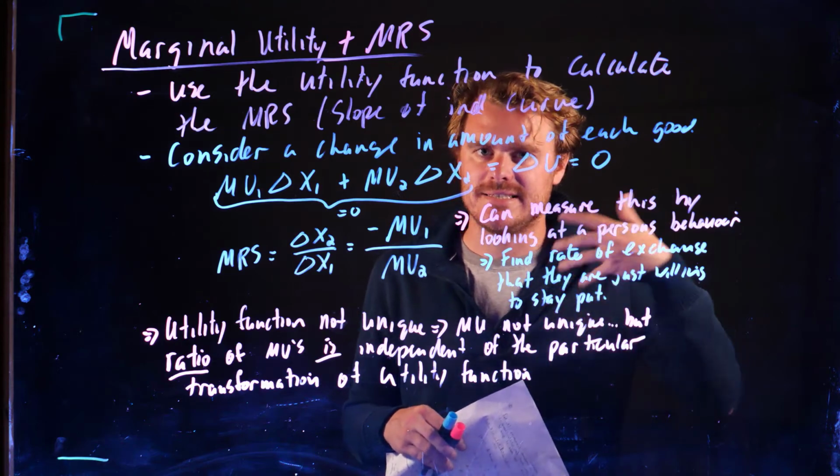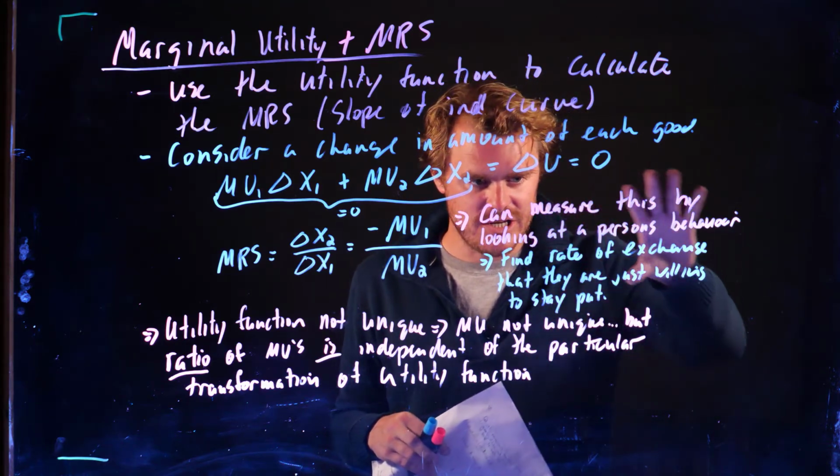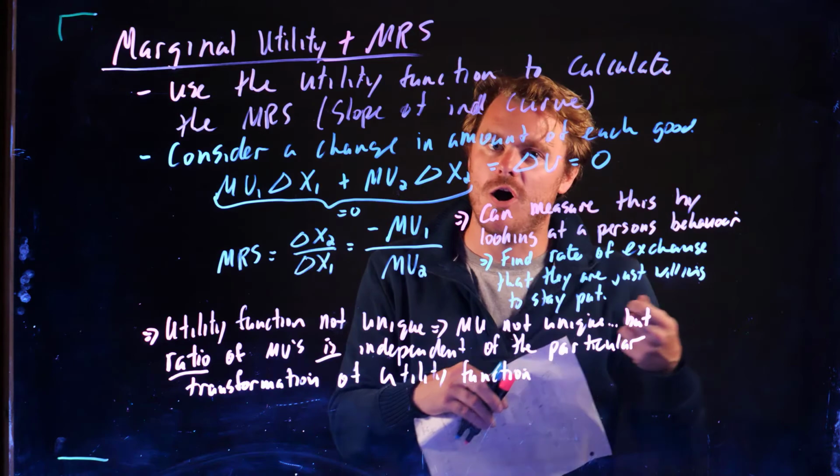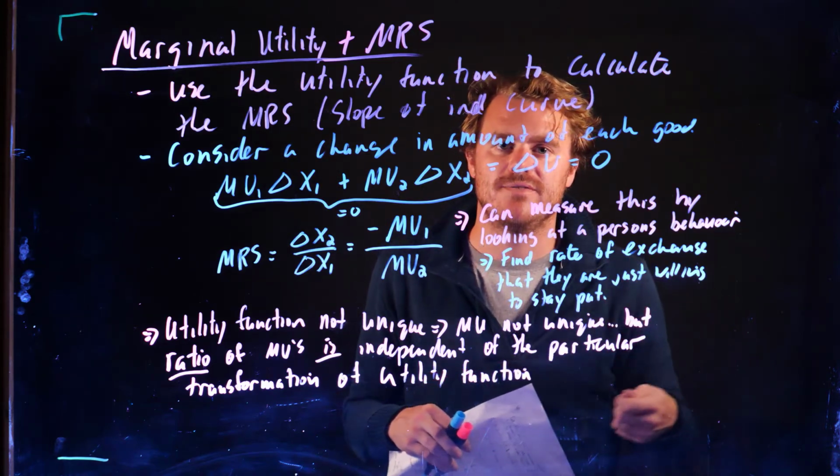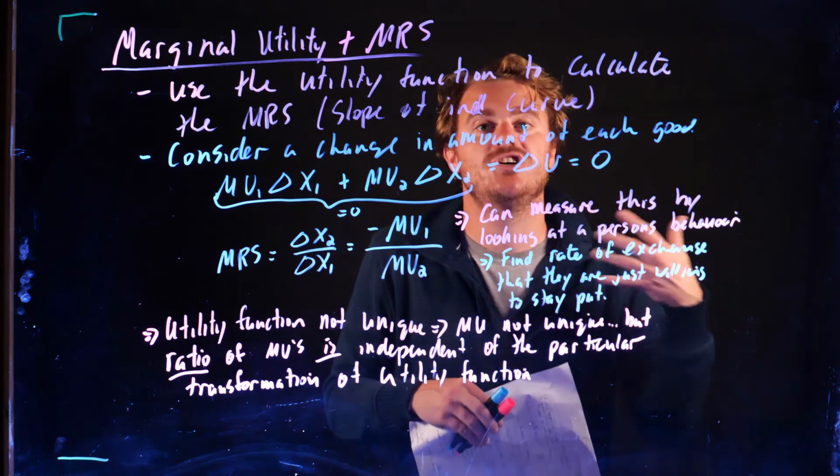And so it can say something behavioral, and we can actually measure it by offering people things and seeing where they're just indifferent towards making a trade, or they just want to stay put.